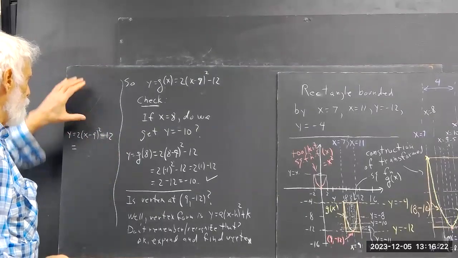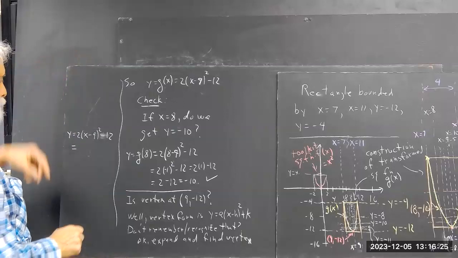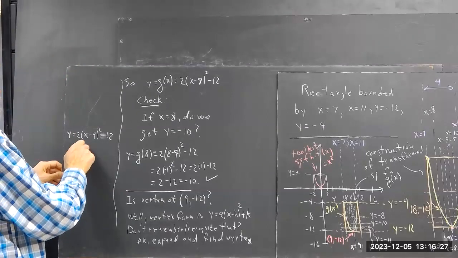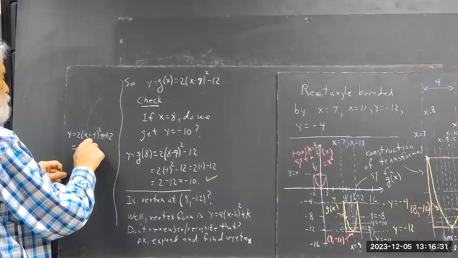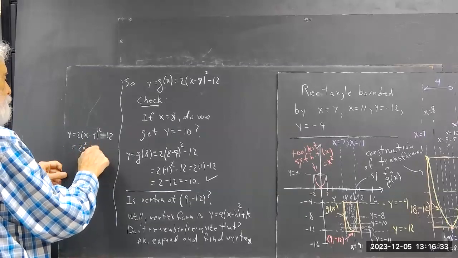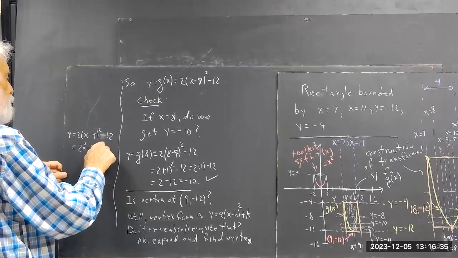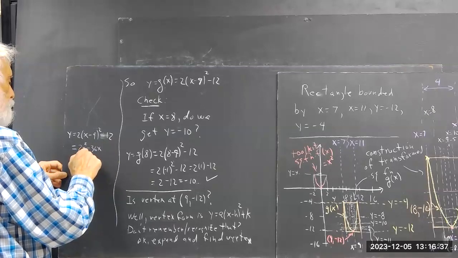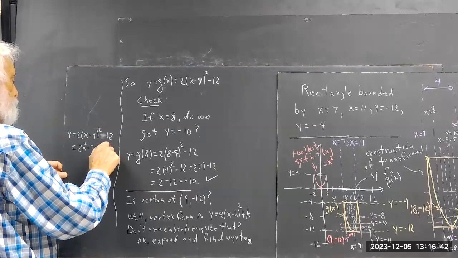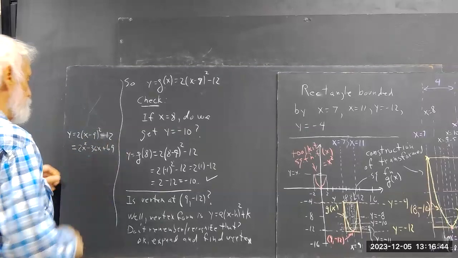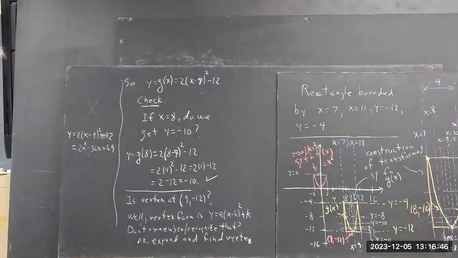Well, I'm expanding this. I'm not going to use this because the chalk kind of gets messed up. You're going to get 2x squared minus 36x, and then I think it's plus 69.